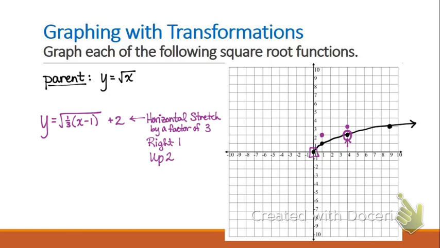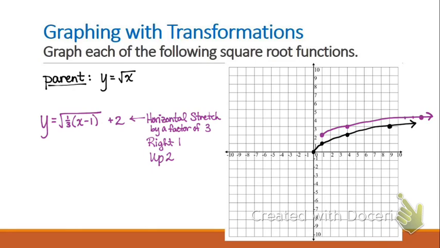So now I'm going to go up 2 and to the right 12, but I've already shifted to the right 1 because of that vertex shift. So that's going to send it out here to 13, which is quite a ways off my graph. So it's going to look like this.